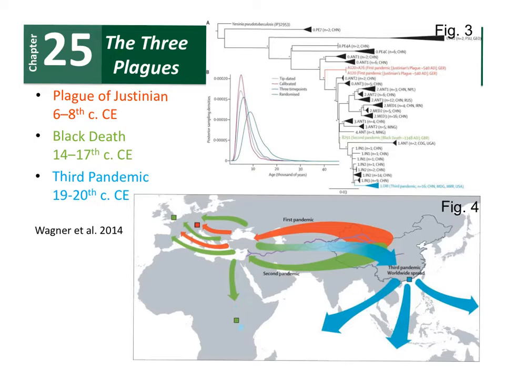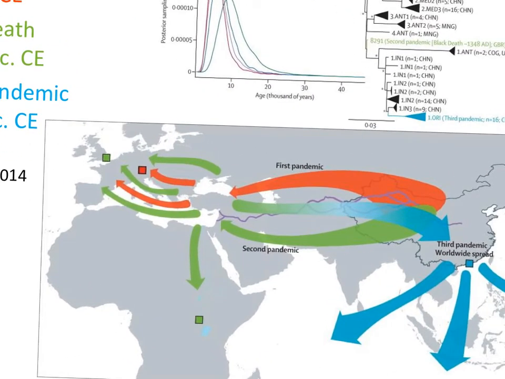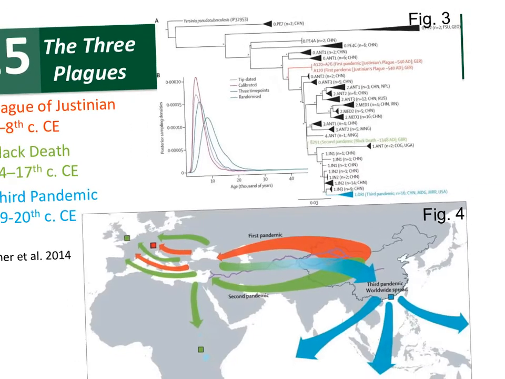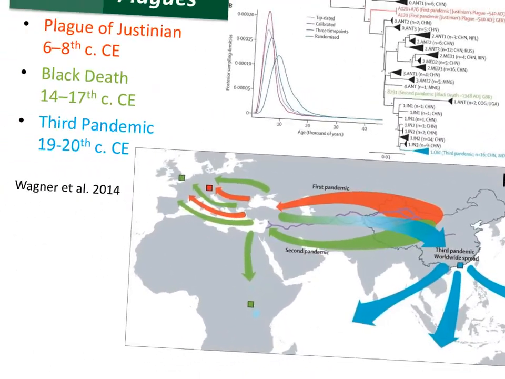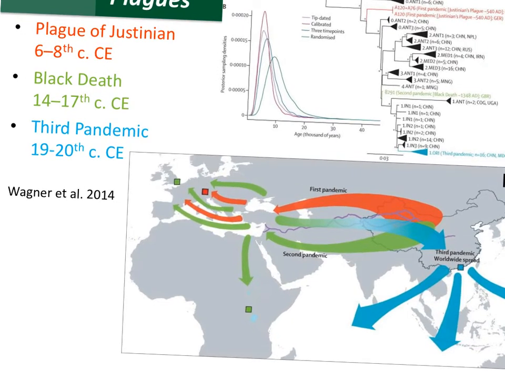And they recovered the DNA from Yersinia pestis. You can see this in orange here, that it seems to have originated in China or East Asia, and then finally spread across Asia and into Europe. And then the Black Death in green was the big one, but the Justinian plague had a huge effect too.